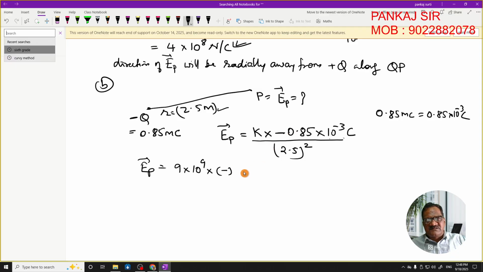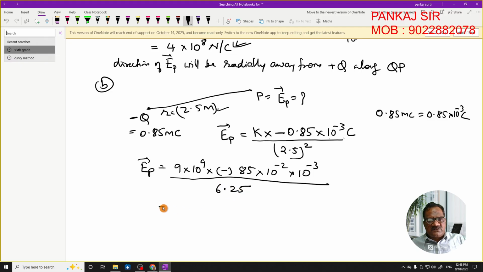Can I write this 0.85 as 85 into 10 raised to minus 2? You can convert it, right? 0.85 can be written as 85 into 10 raised to minus 2, 85 upon 100, into 10 raised to minus 3, divided by 2.5 square. 2.5 square will be 6.25.